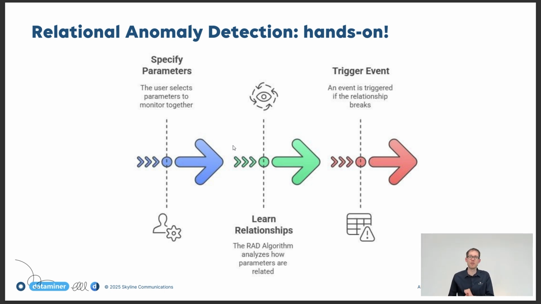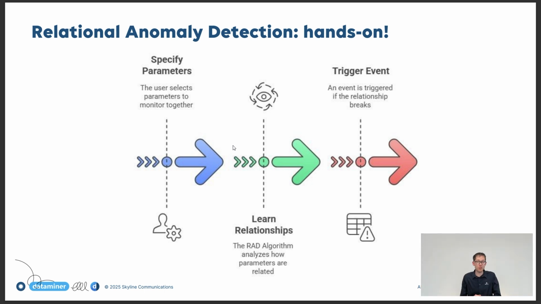So the second step of the algorithm is about learning relationships. As soon as you told DataMiner, look, I want you to monitor parameters A, B, and C together, then DataMiner is automatically going to learn the relation between those 3 parameters.